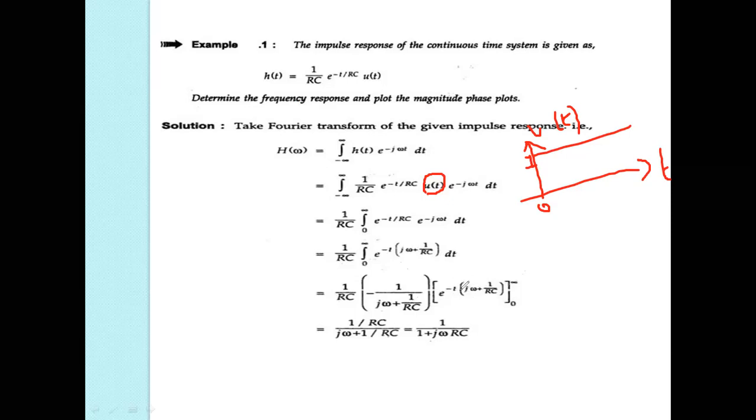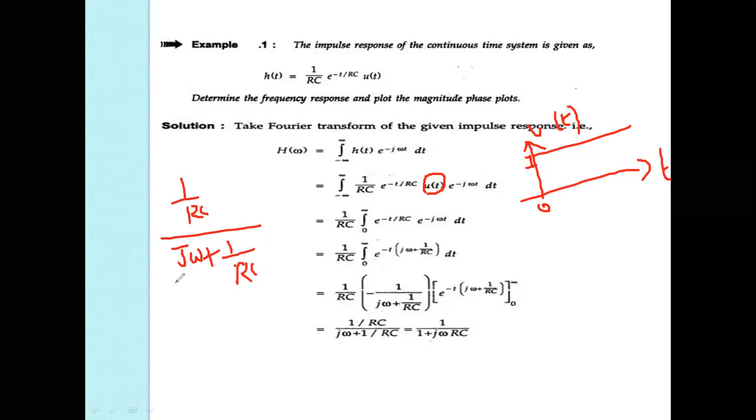Substitute the upper limit, it becomes 0. The lower limit gives 1, and that minus and minus becomes plus, 1 by RC in the numerator, and the denominator also j omega plus 1 by RC. That is equal to, we can multiply by RC here, 1 by RC whole divided by j omega plus 1 by RC.